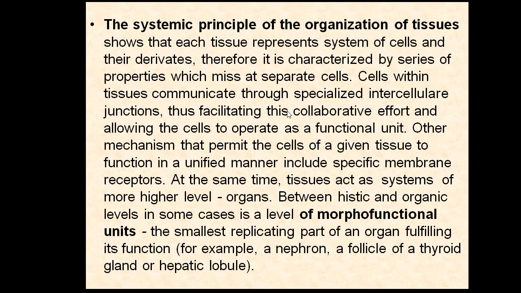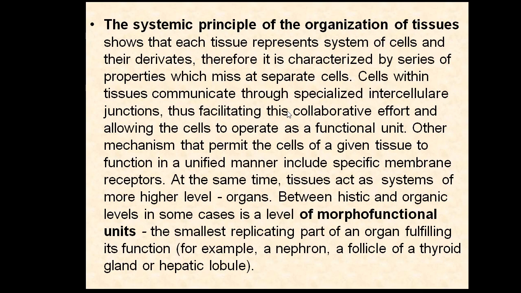If we talk about the tissues, you have to know the systemic principles of the organization of the tissue. Each cell has its own function, and we have studied cytology in previous lessons, and now you know that cells can be organized into tissues, and together cells can perform more functions than each one cell.